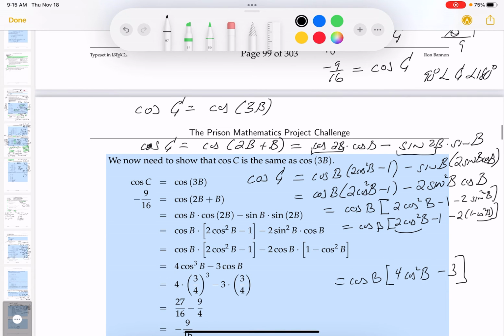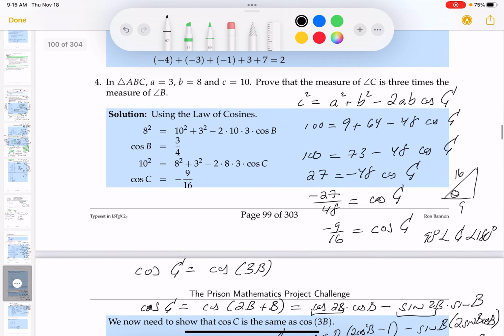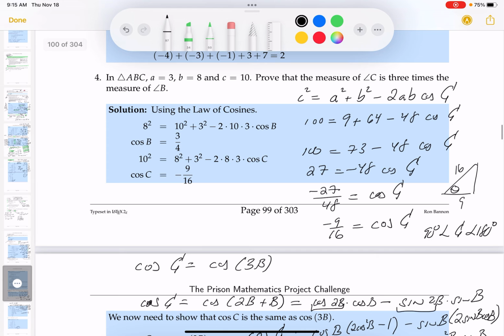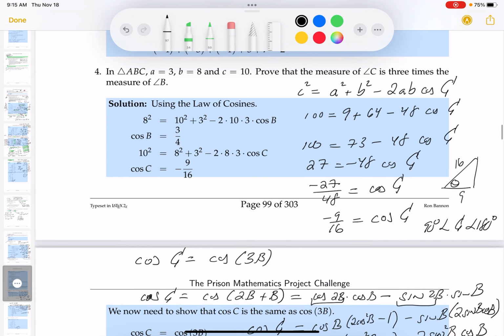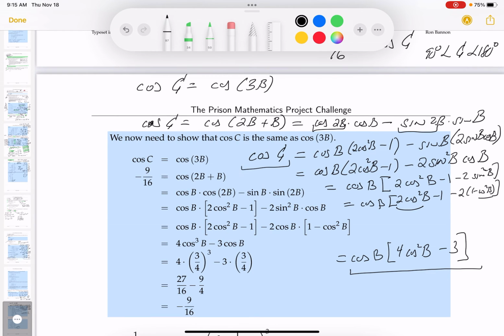All right, so what do I got over here? And I think I have something. Yeah, look back over here. I guess I have to compute cosine of b. By the way, the reason I say that, I'm trying to show a relationship between the two.